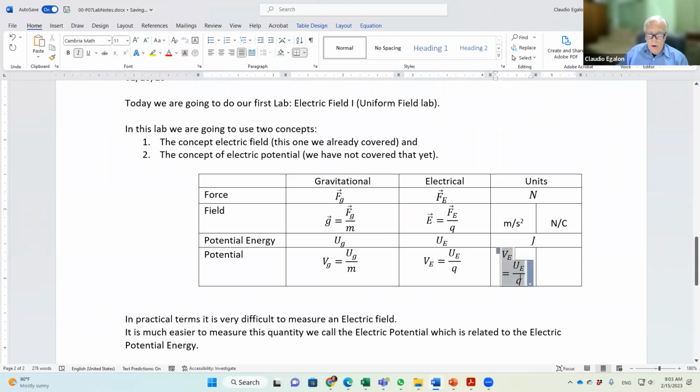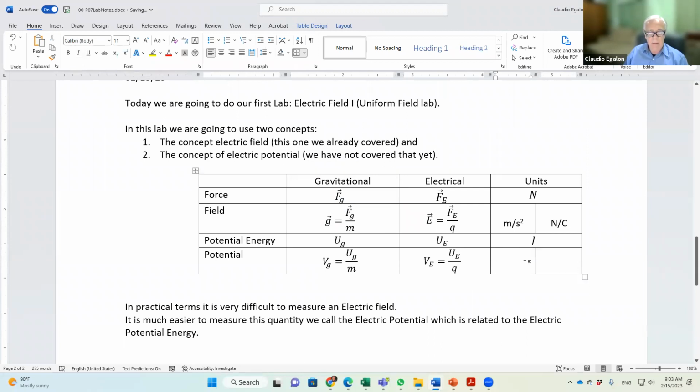For the gravitational case, the unit of gravitational potential is going to be joules divided by kilograms. In the case of the electric field, the electric potential is going to be joules divided by Coulomb.